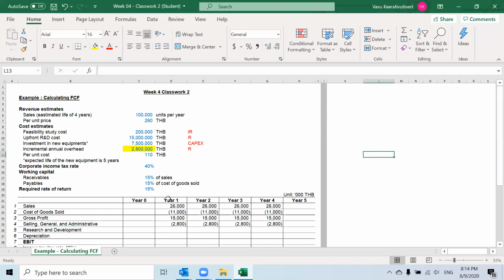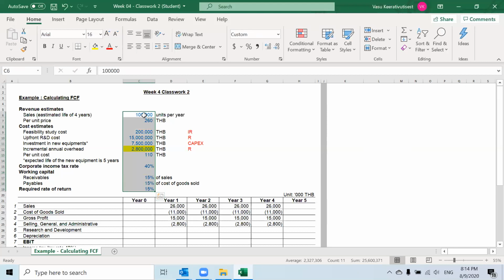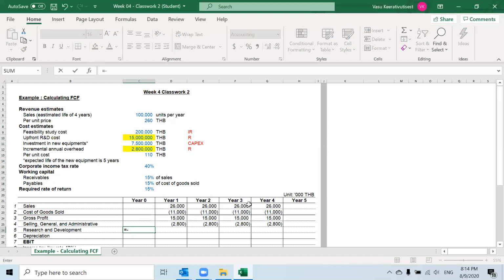One of the skills of financial modeling is that you need to put things in terms of formula. So when someone asks you about changing this assumption, it will be automatically calculated for you. We also have upfront R&D, and that is here. Upfront means that you pay it at the beginning. Here it is 15,000.